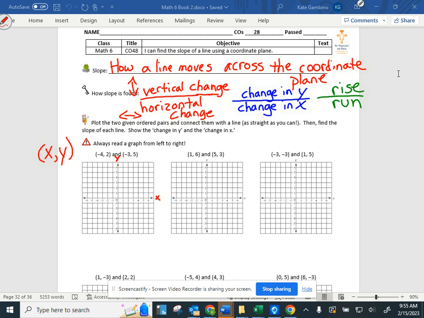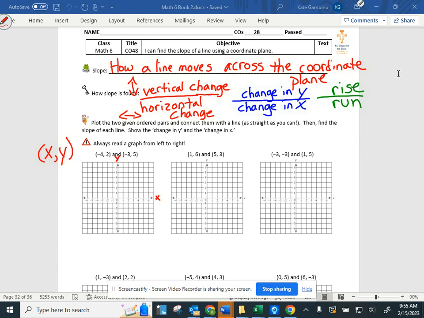So we're going to graph the two ordered pairs, and then we're going to connect them with a straight line. If you have your ruler with you, you can use your ruler to make it an actual straight line, or you can just try to draw the straightest line that you can. If you don't have your ruler with you, it's okay. Then you're going to find the slope of each line, and we're going to show the change in y over the change in x.